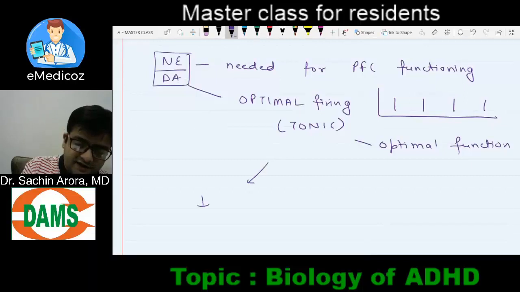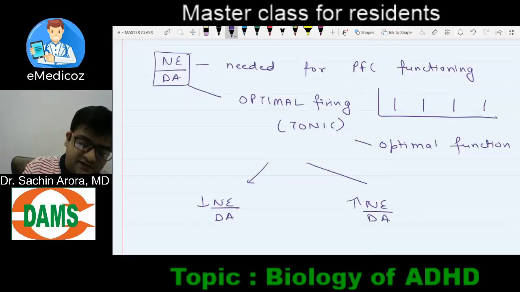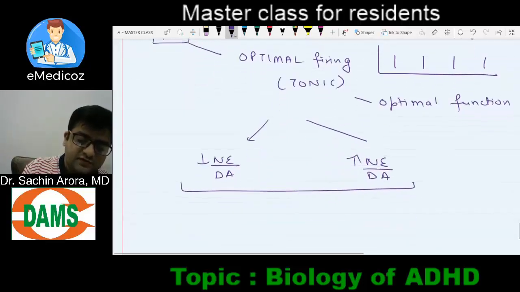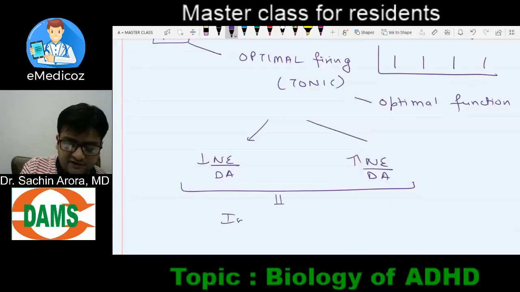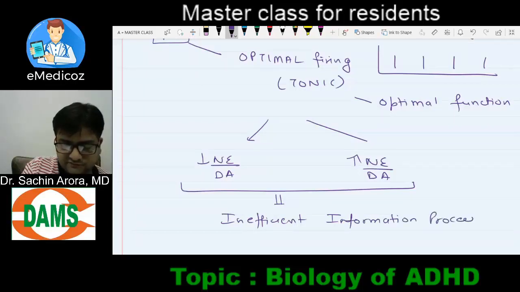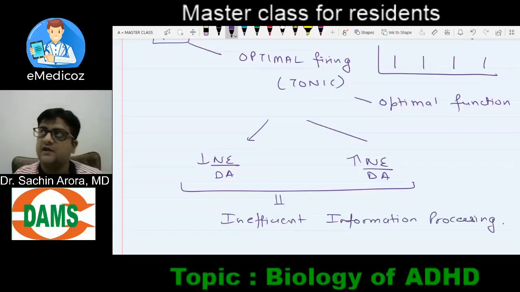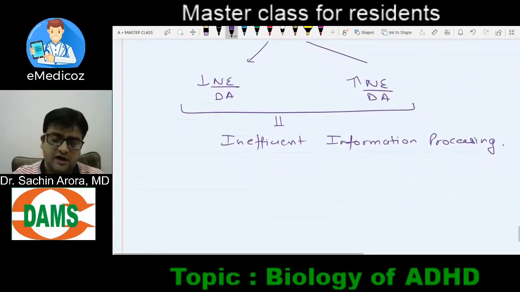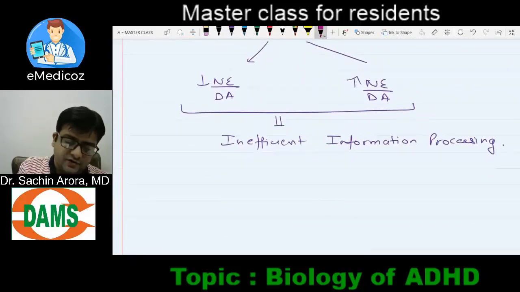Both a decrease and an increase of norepinephrine and dopamine lead to inefficient information processing. Both of these lead to inefficient information processing. How is it so?